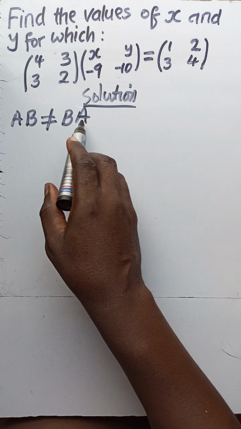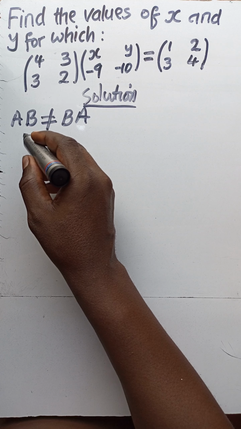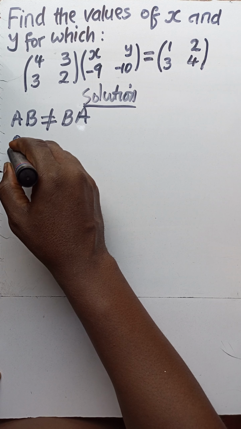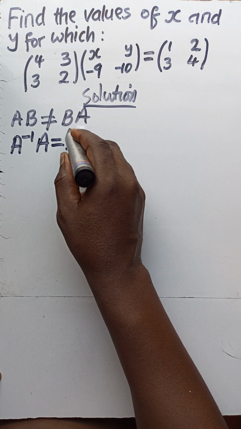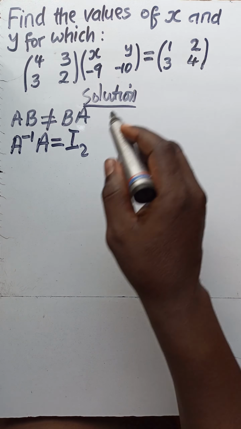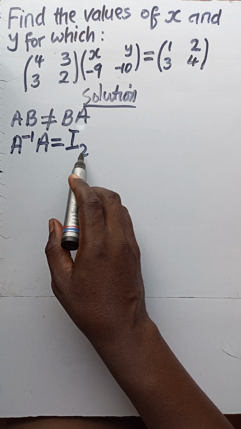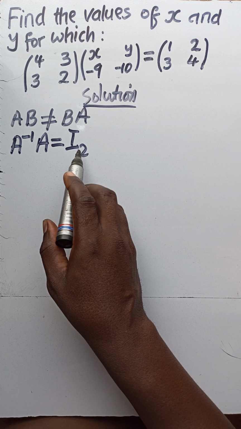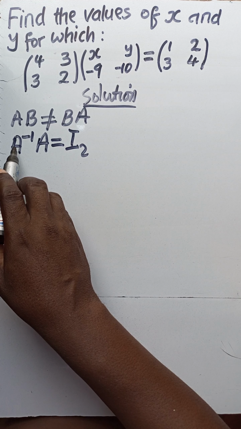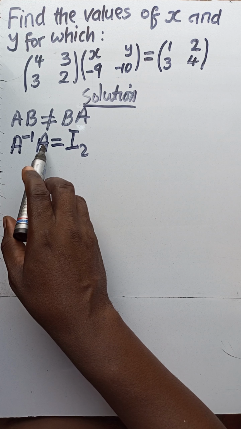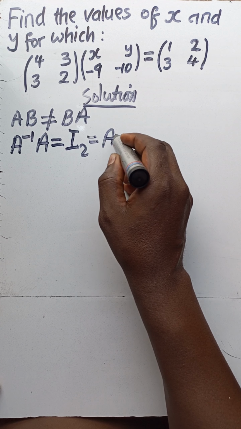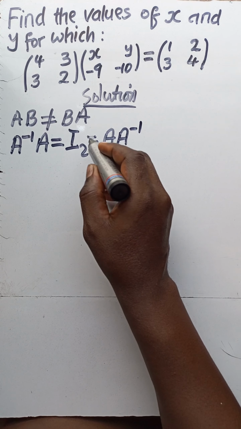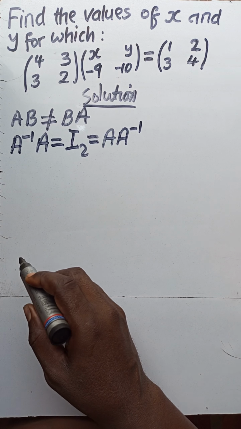We're going to need this notion, and we're also going to need the notion that the inverse of a matrix multiplied by that matrix will give us the identity matrix. Since we're dealing with a 2 by 2 matrix, it is I subscript 2. This 2 simply means a 2 by 2 matrix. So if we get the inverse of a certain matrix and we pre-multiply it, or post-multiply by the inverse, we're going to have the identity matrix.